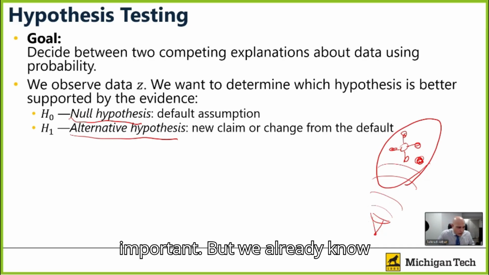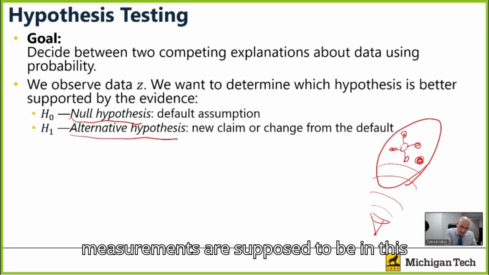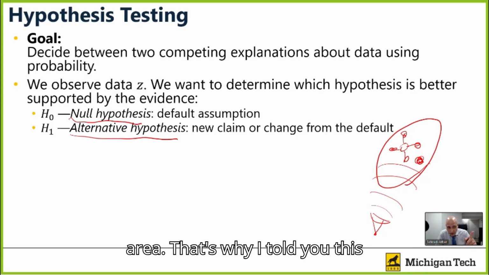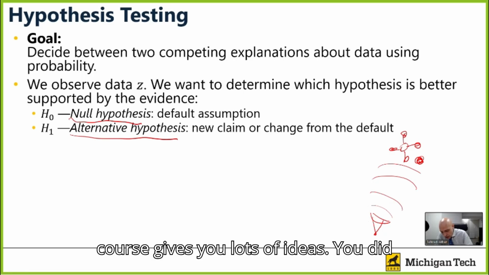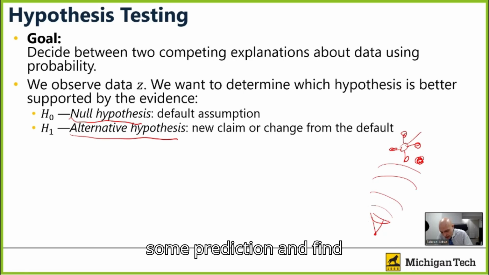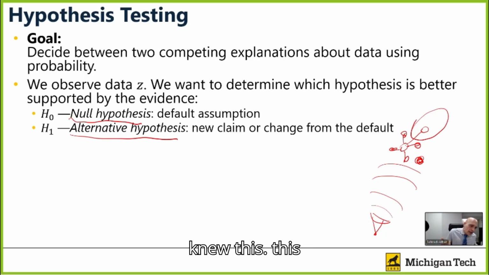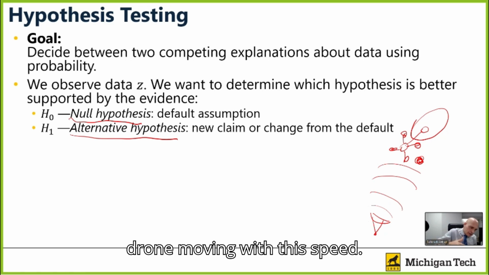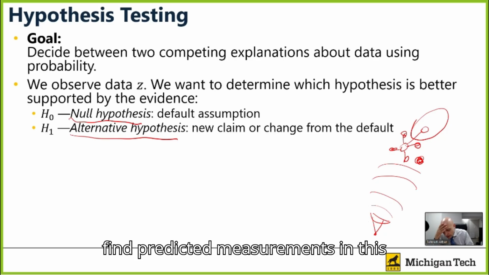But we already know that in these cases, we can do prediction. We can say, oh, the measurements are supposed to be in this area. That's why I told you this course gives you lots of ideas. You did some prediction and found predicted measurements here because you knew this drone was moving with this speed. So we find predicted measurements in this area.